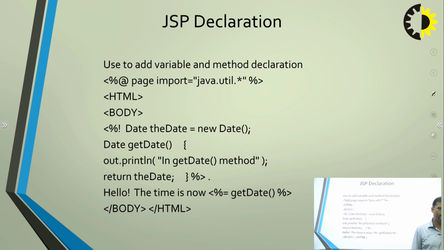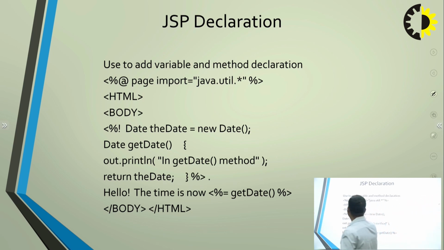Here an object is also created, getDate. So here we will provide a particular date, then out.println in the getDate method, return the date and close. Then hello, the time is now, <%= getDate() %> and close the body, then HTML.